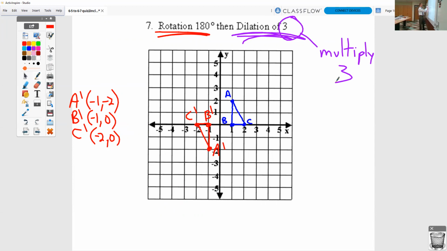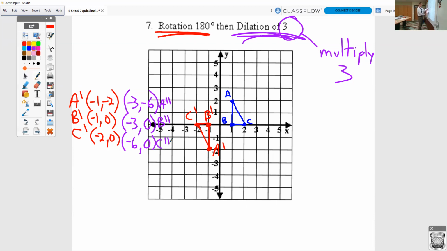So -1 times 3 is -3. -2 times 3 is -6. That's going to be my new A double prime. -1 times 3 is -3. 0 times 3 is 0. That's going to be my new B double prime. -2 times 3 is -6. 0 times 3 is 0. So that's going to be my new C double prime.